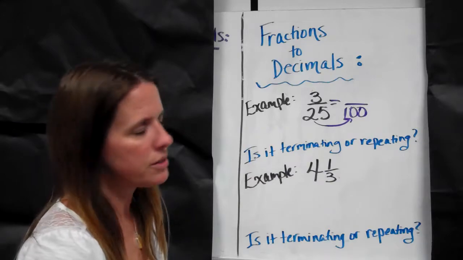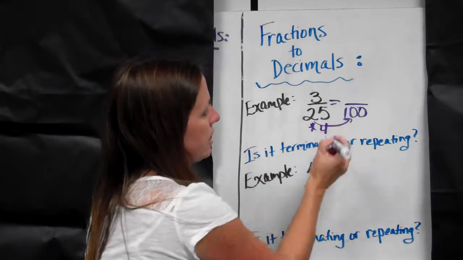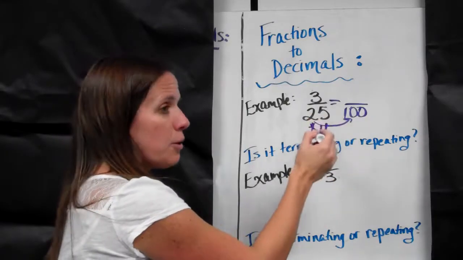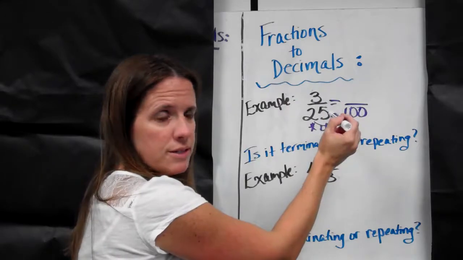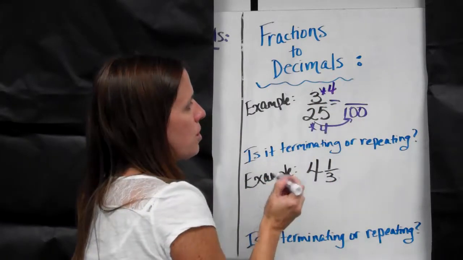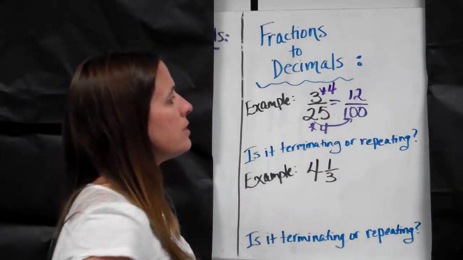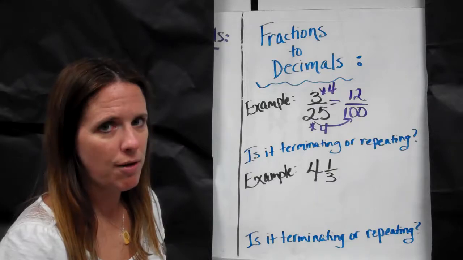You think of 4 quarters in a dollar. So you have to multiply 25 by 4 to get to that 100. Creating equivalent fractions means what you do on the bottom, you have to do on the top. So what I did to the denominator, I'll do to the numerator. 3 times 4 is 12. So this is 12 hundredths. That's how you read that fraction, 12 hundredths.